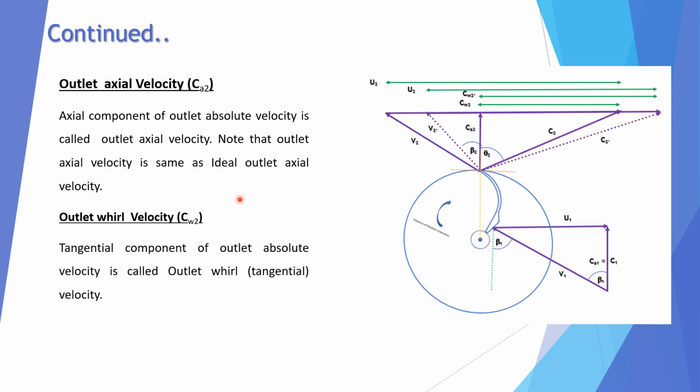Note that outlet axial velocity is the same as ideal outlet axial velocity, in both cases CA2. Outlet whirl velocity CW2, the tangential component of outlet absolute velocity, is called the outlet whirl velocity or tangential velocity. So you see CW2 is smaller than CW2 dash.